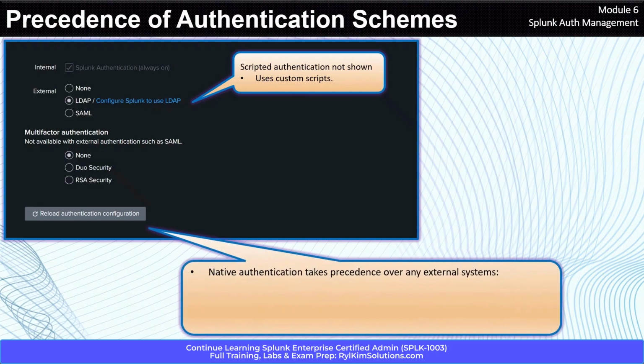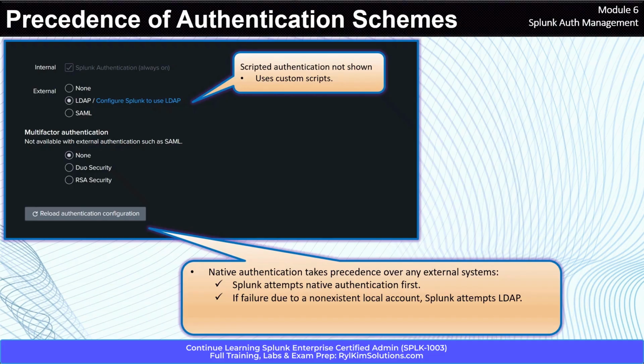Now, what happens during that precedence order? The first thing is that Splunk always tries the native authentication first. So native authentication takes precedence over any external systems. Splunk will attempt that native authentication first. And then if it fails, and the failure most of the time is due to the fact that there is a non-existing local account, Splunk is going to attempt LDAP. If you are using LDAP authentication, your users are going to be defined in the LDAP server. So when the credentials come in, Splunk is going to realize there are no local accounts.